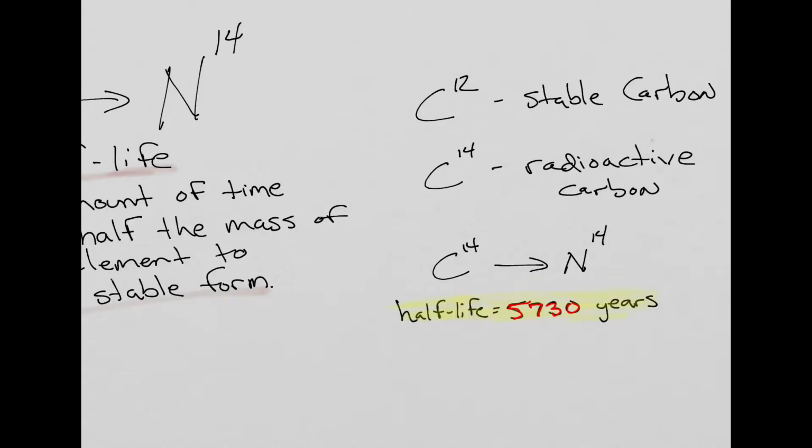If we had 500, after 5,730 years, we'd expect to have half that amount, or 250. In another 5,730 years, which would be 11,460 years, we'd expect to have a quarter of the amount, and so on.